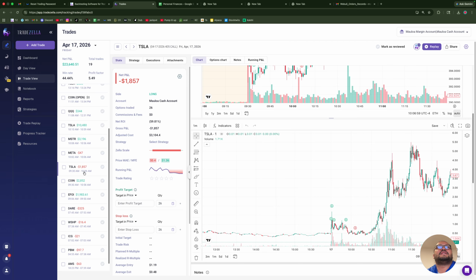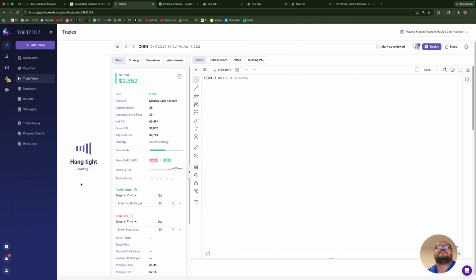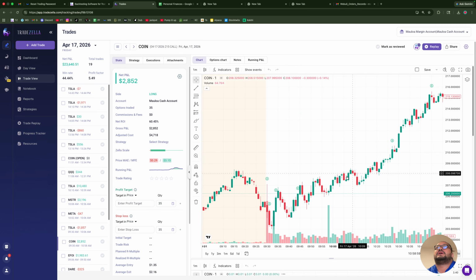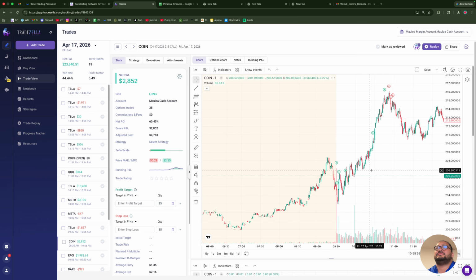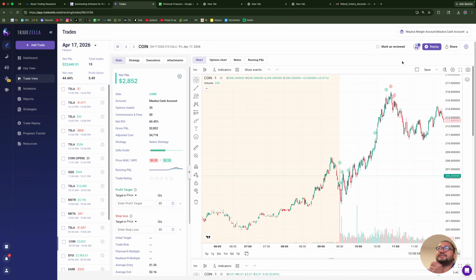So I lost 18 there, and then Coin. I just bought in about here, and then bought in some more about here, and then sold off right there. Total 35 contracts. I held this one.